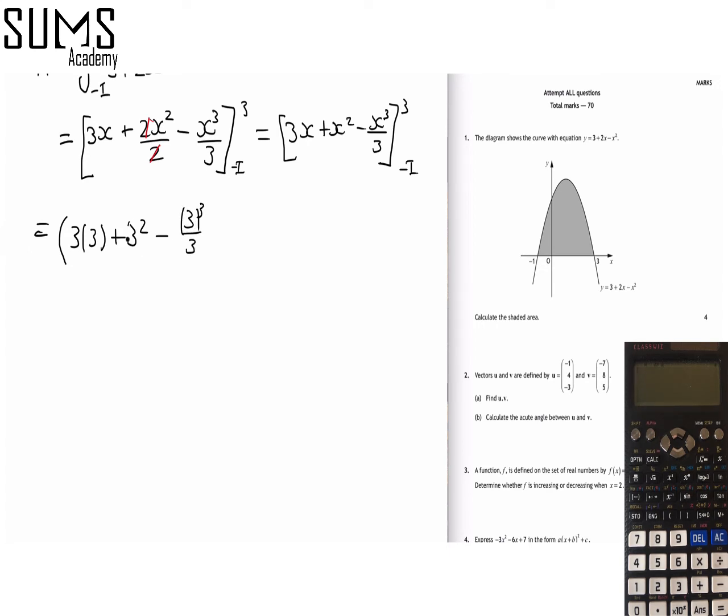All the x's in brackets just to make it extra clear. Minus the lower limit. So 3 times minus 1 plus minus 1 squared minus 1 cubed all over 3, and then that should be a curly bracket.